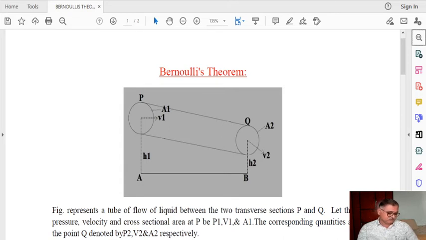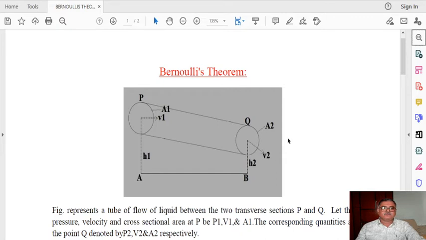Today we will see Bernoulli's theorem, what it says. We have to discuss it with the diagram and derive the relation of Bernoulli's theorem.